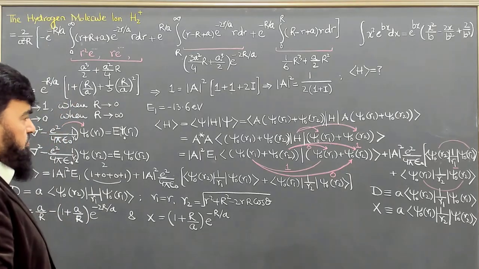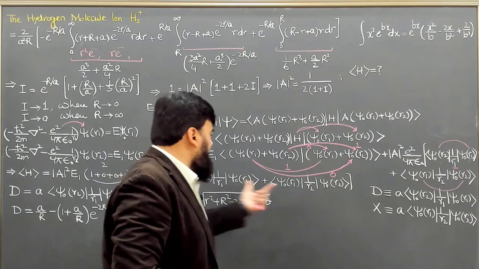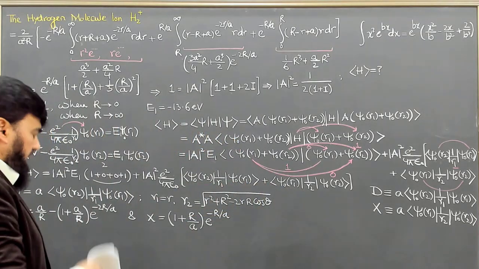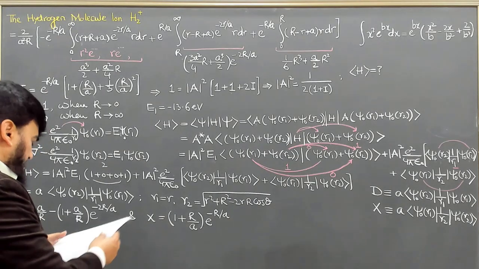So we have found the values of d and x, and then I will have to rewrite the Hamiltonian and put these values back there.